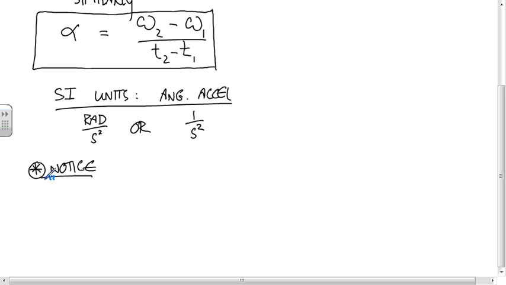If they're in opposite directions, it means they're slowing down. You have a similar relationship with these angular quantities too. So if the angular velocity and angular acceleration have the same sign, then the object's rotation is speeding up.